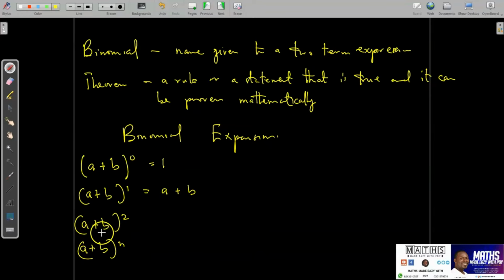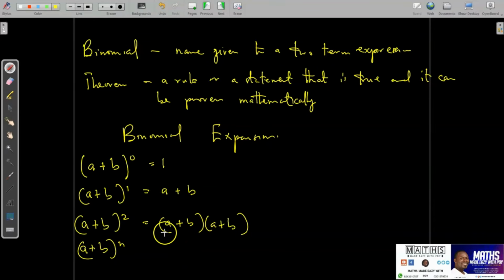Now coming to (a + b), the powers have increased. So we've gone to the power of 2. Mathematically, when we talk about (a + b) to the power 2, it means the same number multiplying itself. So we may have the base as (a + b) multiplying another (a + b). And you've learned about multiplication of binomial terms.